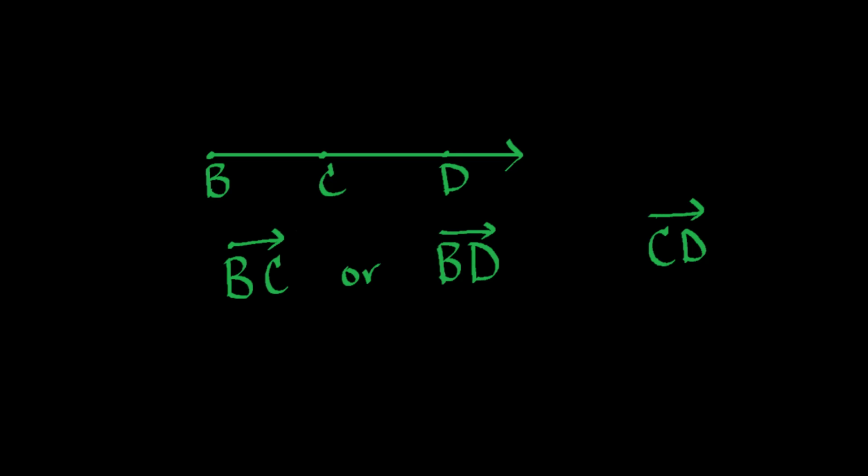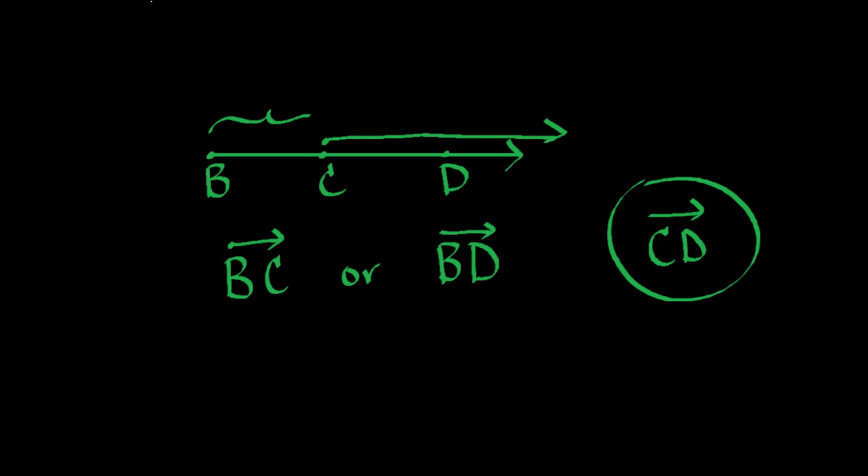The symbol for ray CD indicates a ray with endpoint at C going through D forever. So this symbol would be missing the line segment from B to C from the ray BC or BD.